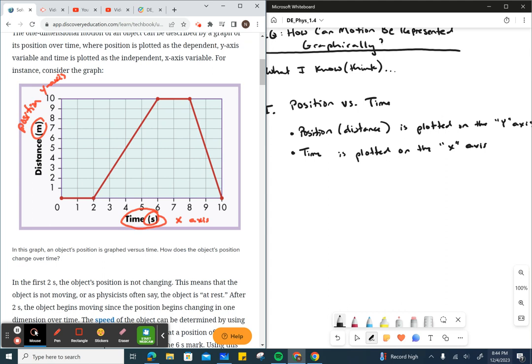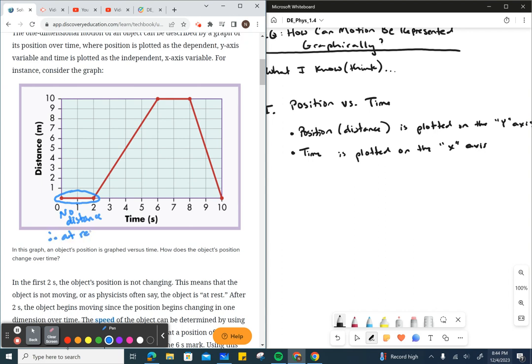If you take a look at this graph for just a moment, you can get a sense of the travel here. Let's clear our screen. From the first 2 seconds, was there any distance traveled? No distance traveled, right? You could say that the object was at rest.